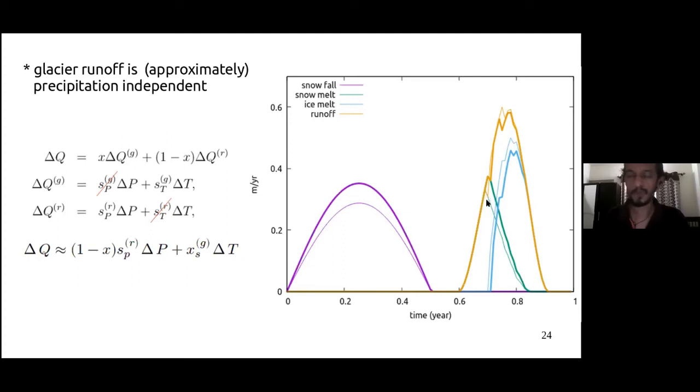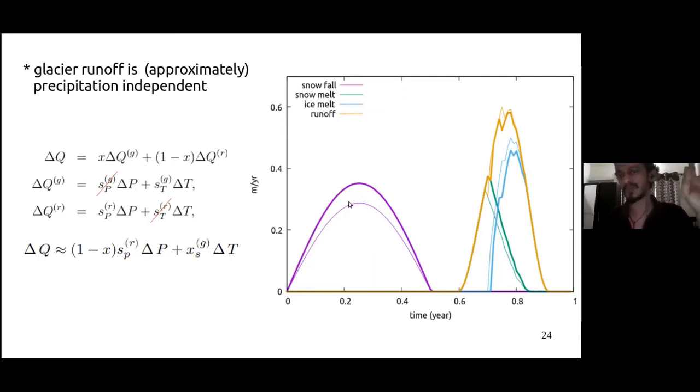But then when the snow cover goes away, there is ice to melt, right? So the ice melt starts earlier, and ice can melt a bit more because it's darker, because of its lower albedo. So the ice melt is slightly larger, and on a low precipitation year, the excess ice melt is going to compensate for the precipitation loss.